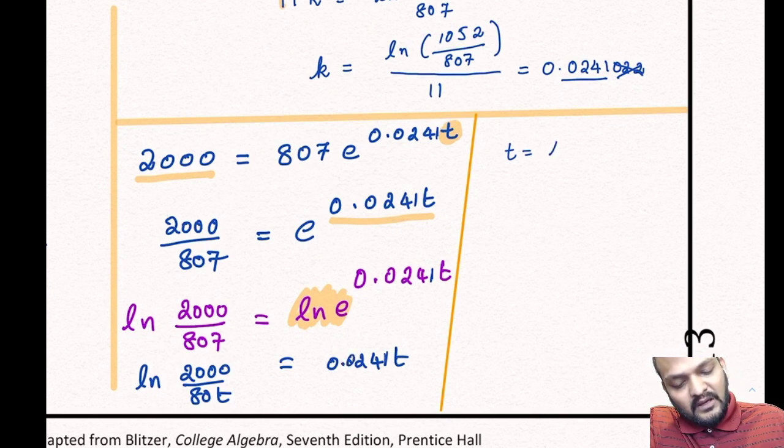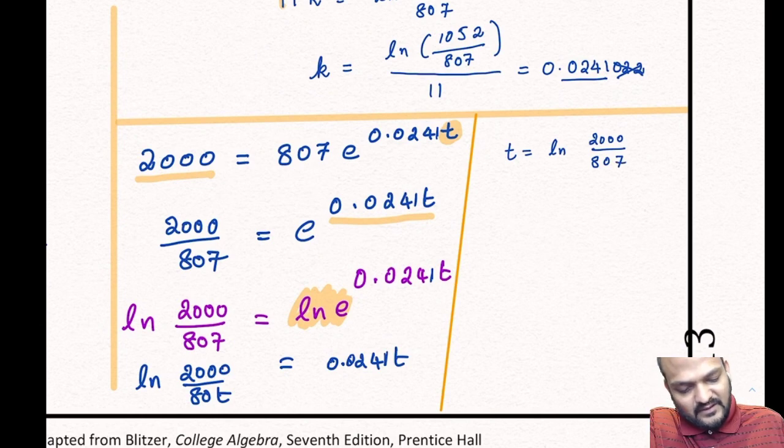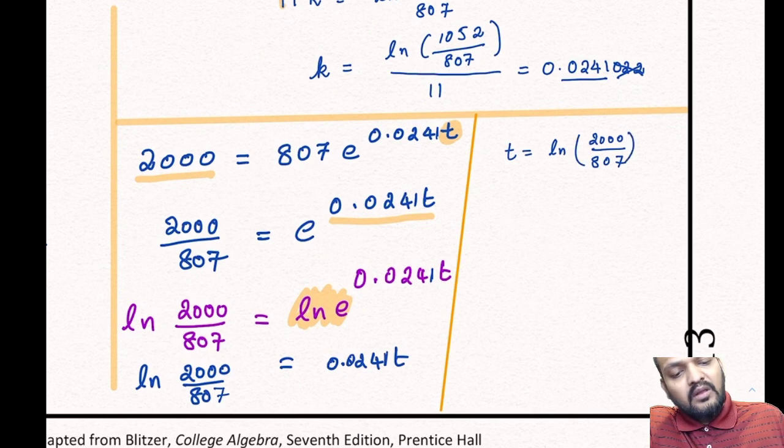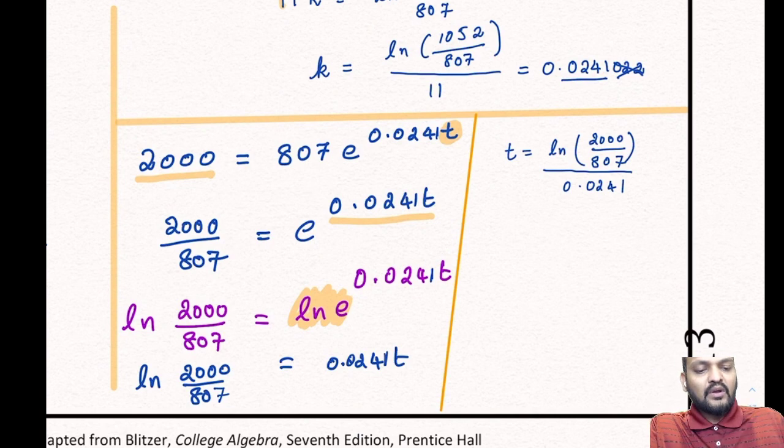Then t would be ln of 2000 over 807, and the whole thing is divided by 0.0241. When you do that, t is approximately 37.6589.